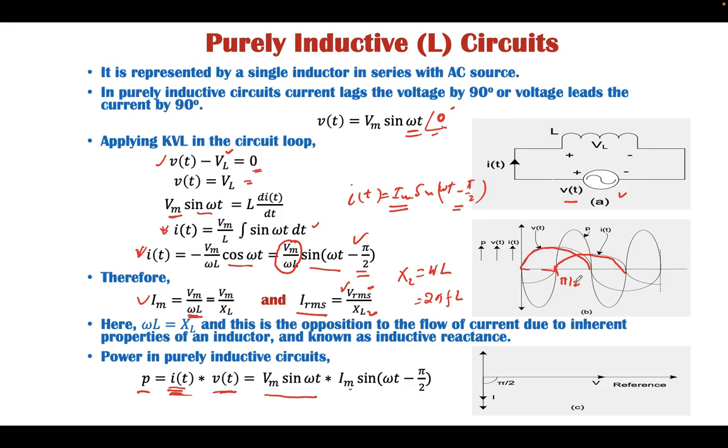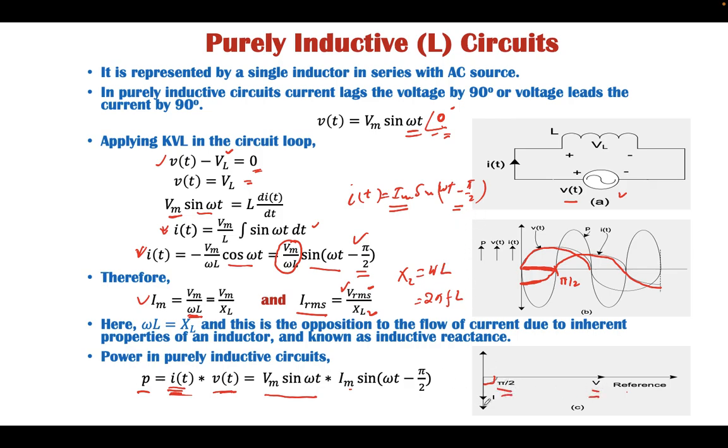Extending this waveform in the negative direction as well, we can say the angle between current and voltage is pi by 2. The current lags the voltage by an angle of pi by 2. If we take voltage as reference, because its angle is 0 along the reference, then current will be pi by 2 behind the voltage phasor V.